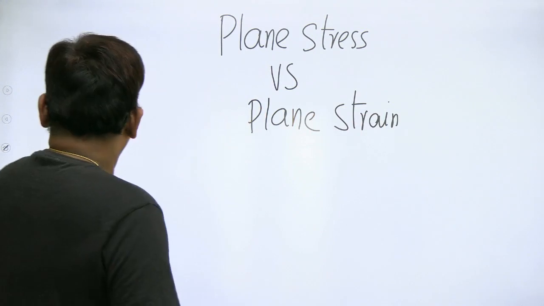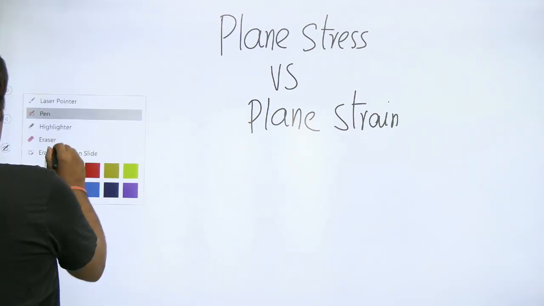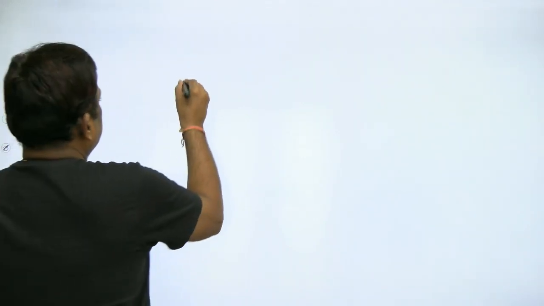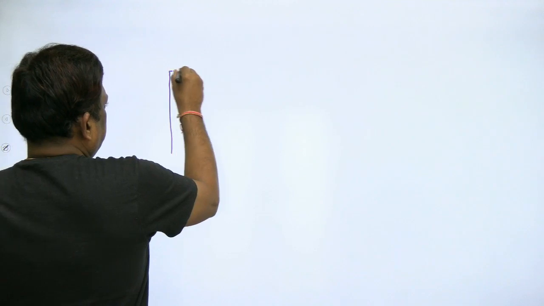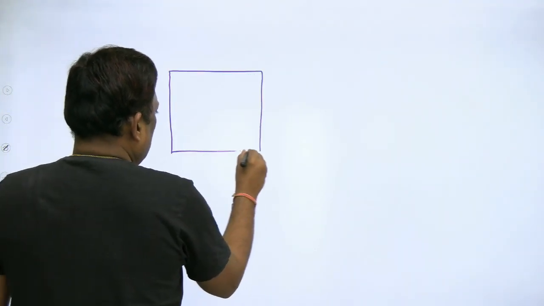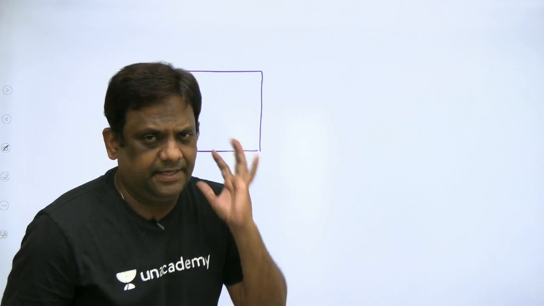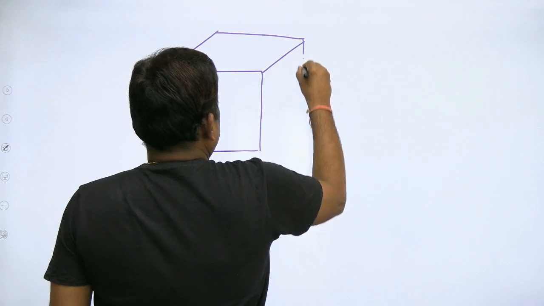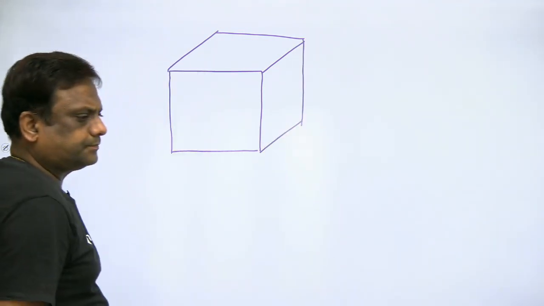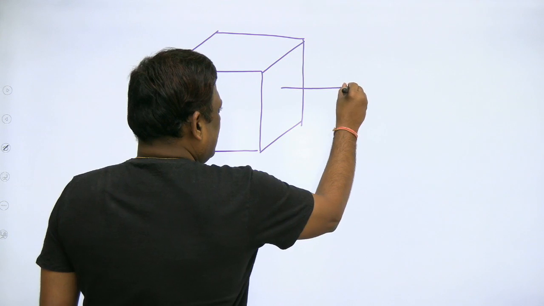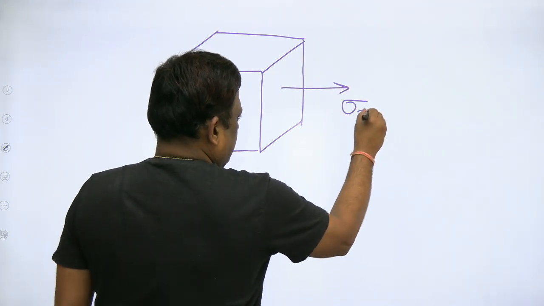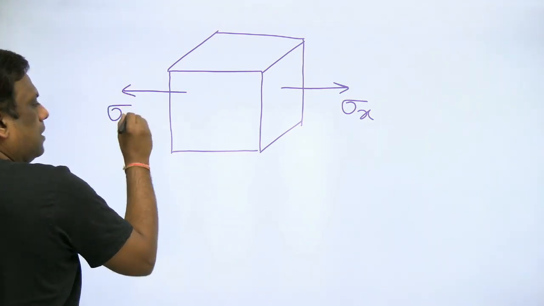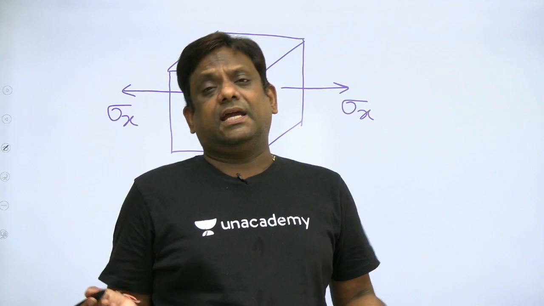Okay. Now, chaliye. Let us take a member. I am showing you a stressed element. Let this face be subjected to a stress sigma x. So definitely the opposite face is also under sigma x because it is in static equilibrium.